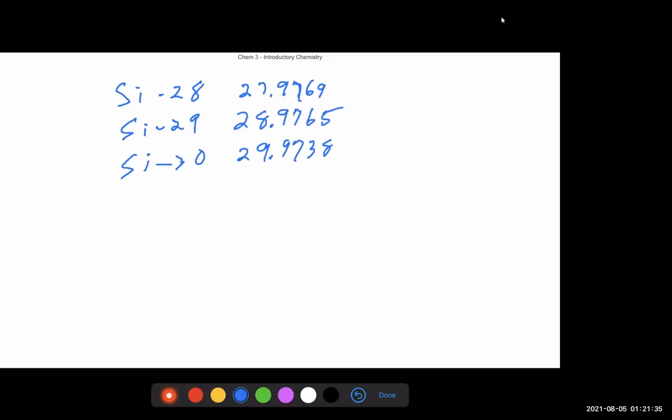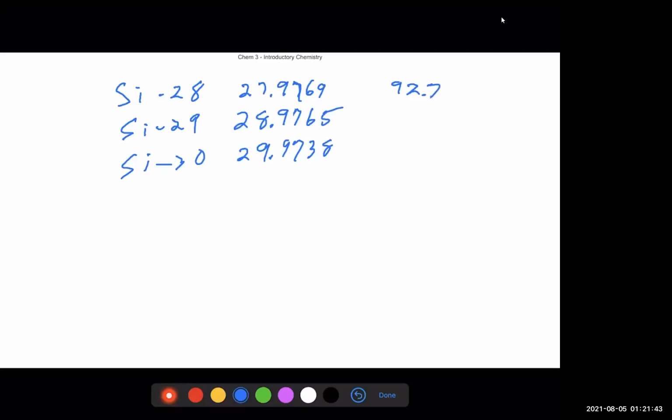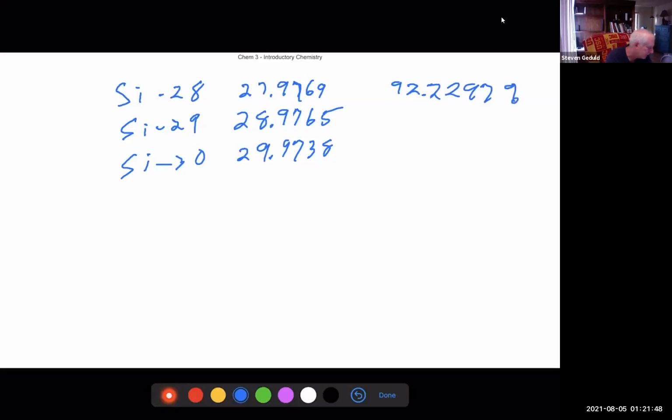And the percentage abundances: 92.2297, then 4.6832%, and the other one is 3.0872. Those are all percentages.